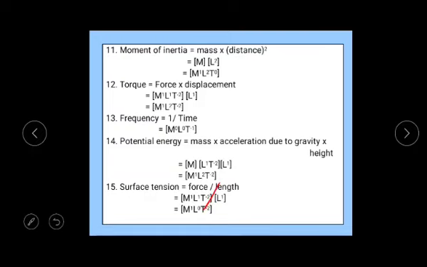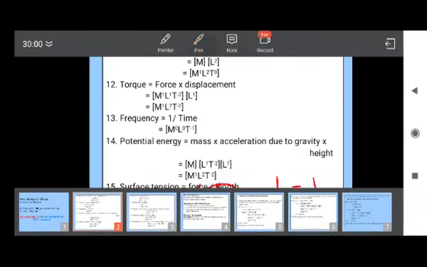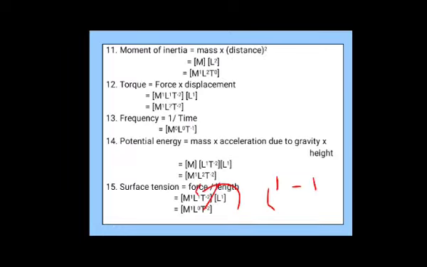Okay. Now shift this L raised to 1 to the numerator, it becomes L raised to minus 1. So in the numerator it is L raised to plus 1, and this denominator you are shifting to the numerator, so you will get minus 1. So you will get L raised to 0. Okay. So when you shift that one, you will get M raised to 1, L raised to 0, T raised to minus 2. L term becomes 0.